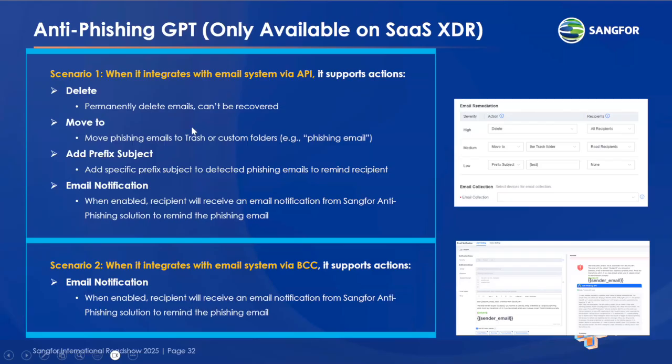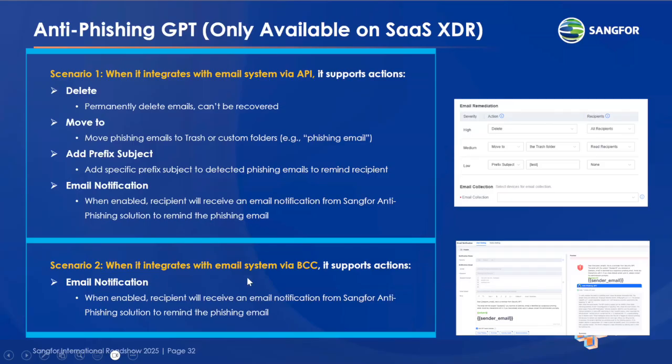So that's the first thing we can provide. If you want to delete, move, and add the prefix to the subject, we can support Microsoft Exchange and also Outlook, which has the biggest market share. Using the API to connect to the email system, it's easy to realize.